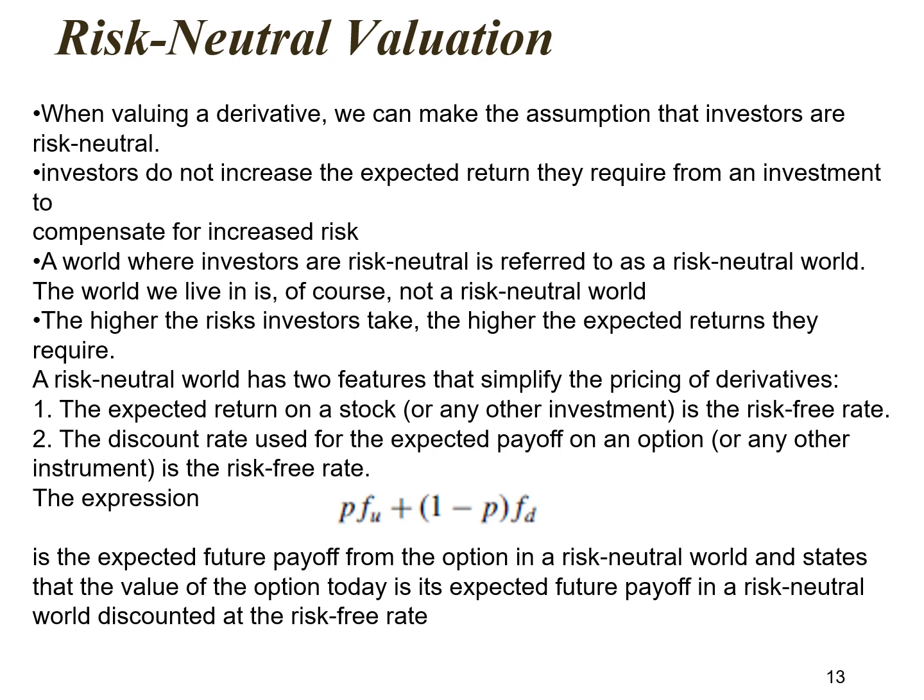So we are familiar with this expression P times FU plus 1 minus P times FD, which is the expected future payoff of an option in a risk-neutral world, and states that the value of the option today is the expected future payoff in a risk-neutral world. Most important point, discounted at the risk-free rate.